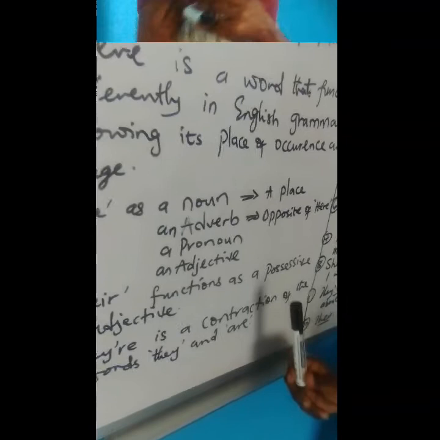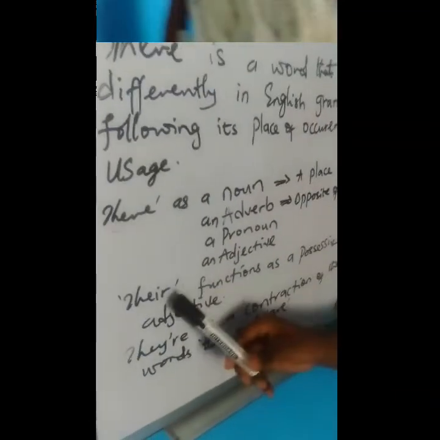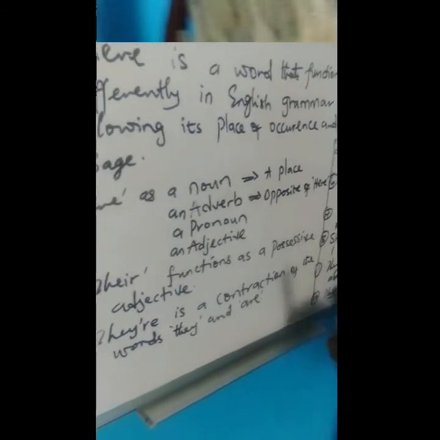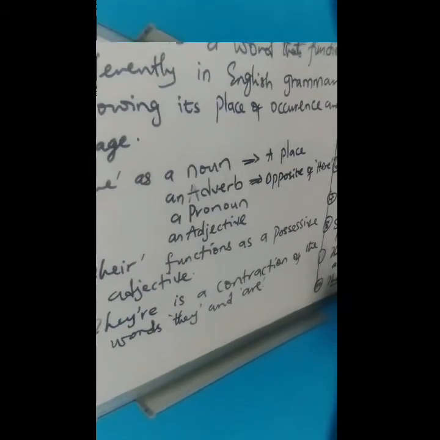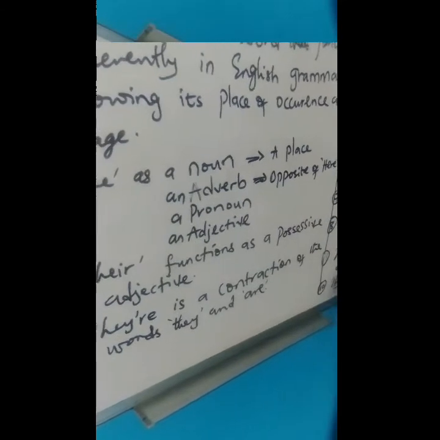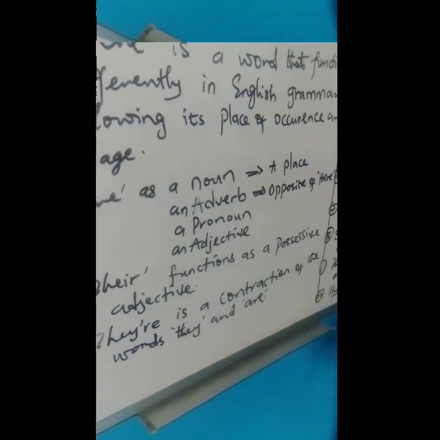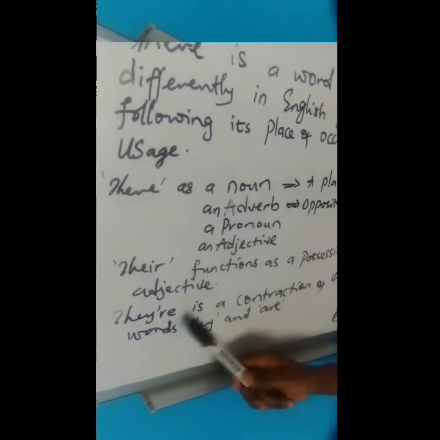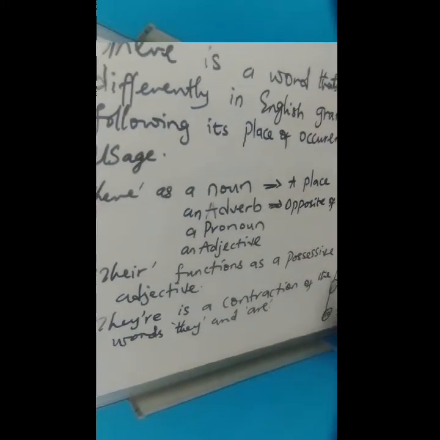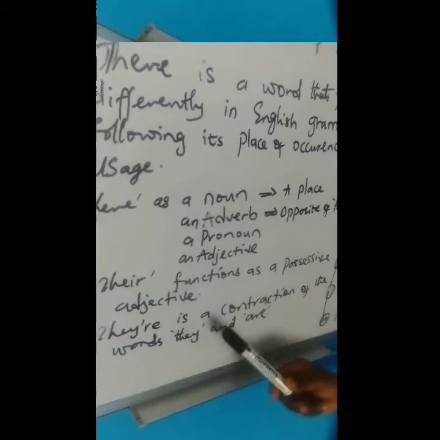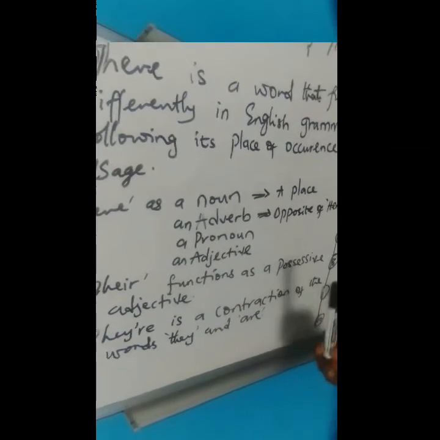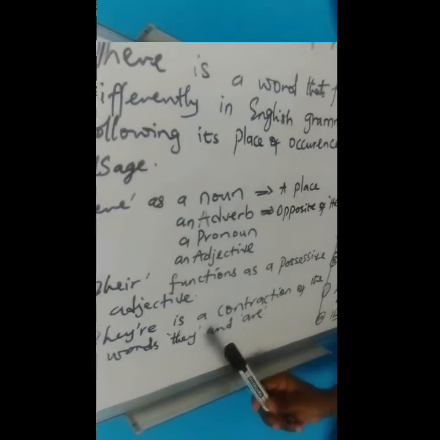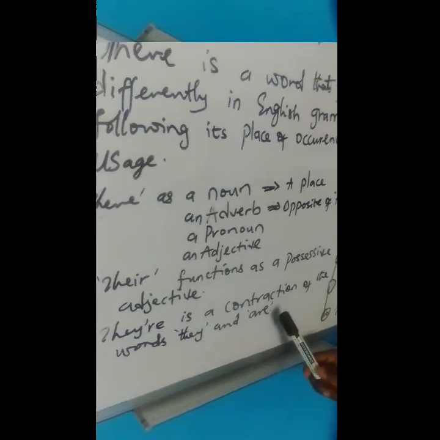So their, T-H-E-I-R, functions as a possessive adjective, showing that something belongs to someone or another person. Now, they're, T-H-E-Y apostrophe R-E, is a contraction of the words they and are.